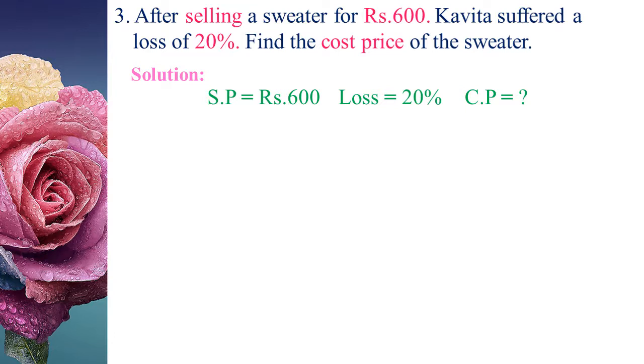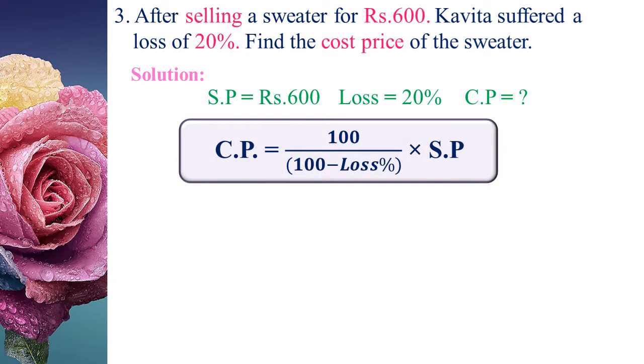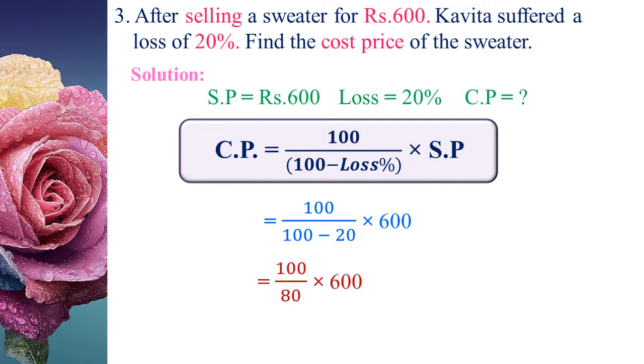To find cost price, when selling price and loss percentage are given, we will use the following formula. The formula is cost price equals 100 by (100 minus loss percentage) into selling price, equals 100 by (100 minus 20) into 600.